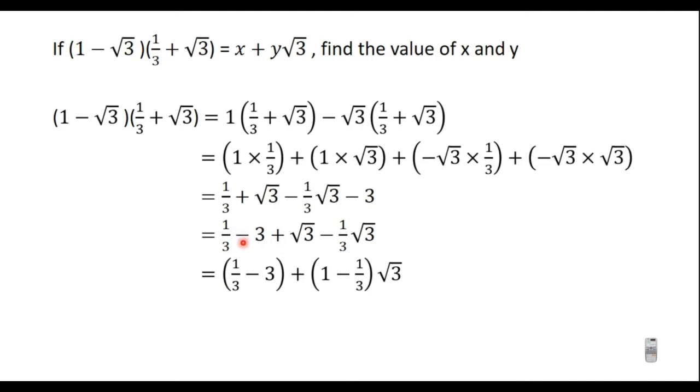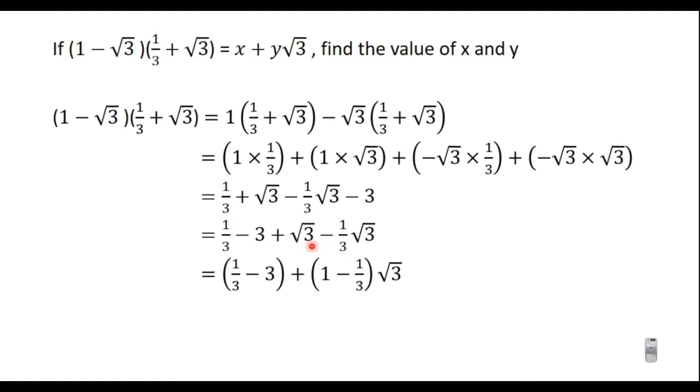So 1/3 minus 3 in one bracket for the numbers. Then when you come here, you have 1 in front of this bracket. Now since the number under the root here is 3 and the number here is 3, we can subtract them. So we have 1, which is in front of this bracket, minus 1/3, which is in front of this bracket, then square root of 3.